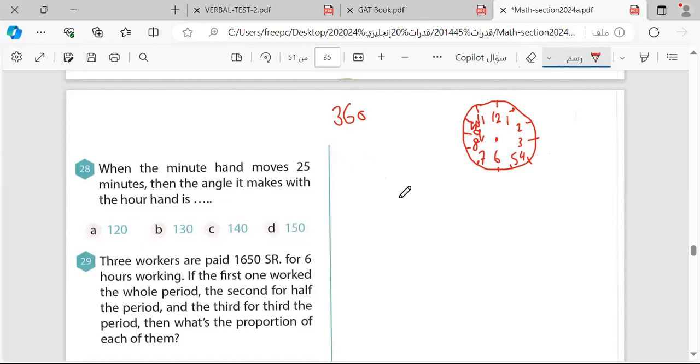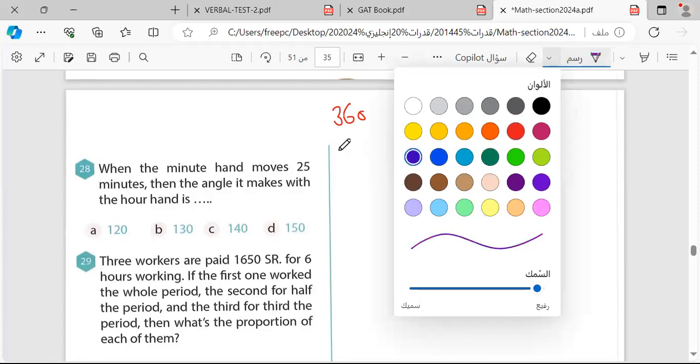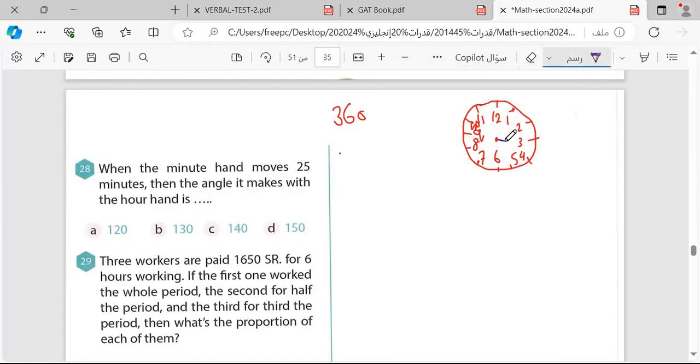Now we want to find with the pointer, سموه العقرب, pointer, صح؟ If the pointer with 12 and the pointer with 3, what is the angle between two pointers? الحين صارت الساعة 3 تماما. Look, here 3 o'clock.